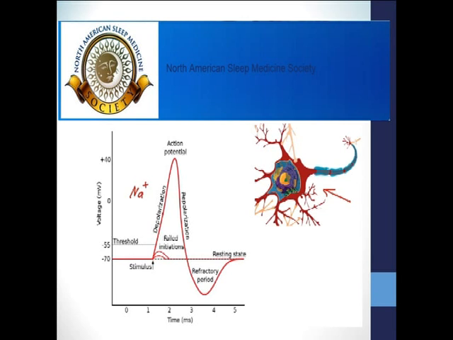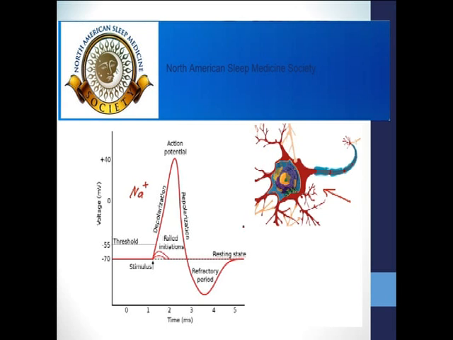While this is happening, no matter what you do, you cannot cause another action potential because this one is already underway, and the voltage-gated sodium channels are either open or inactive. So it does not matter what you do, we will not get another action potential.